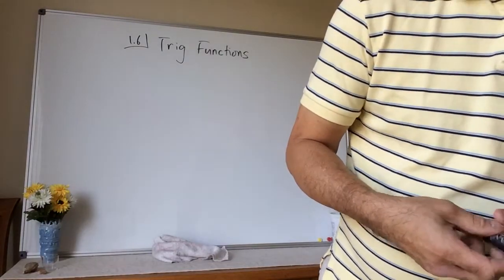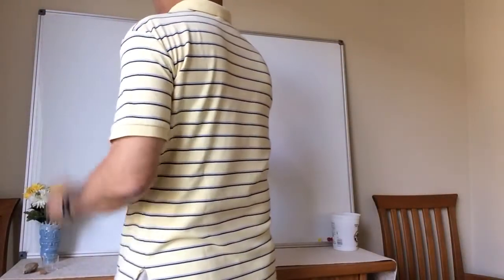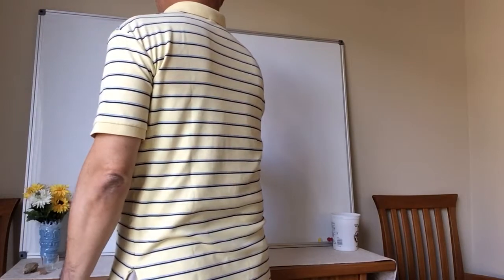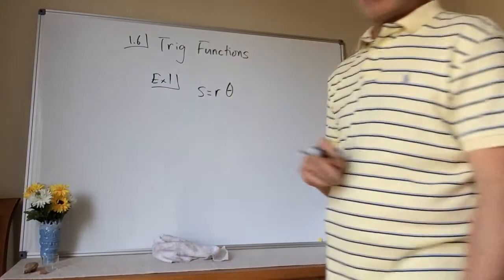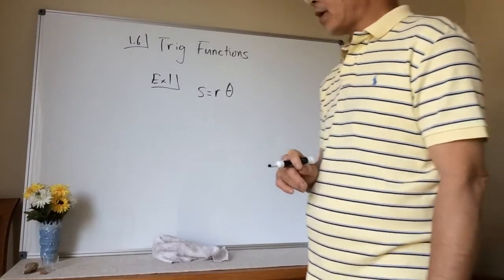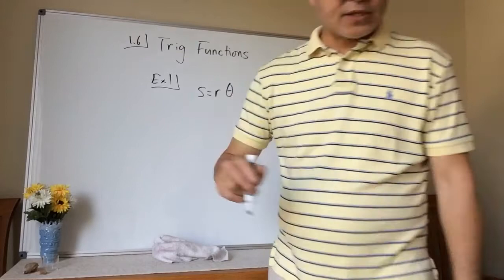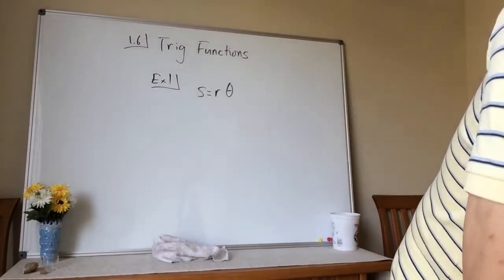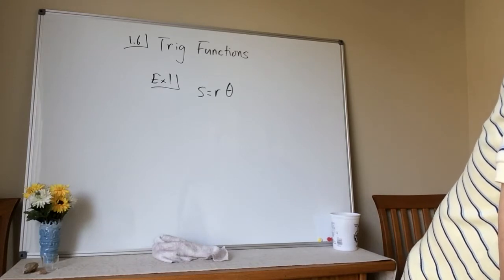1.6, radian measures. Example number 1, finding the arc length. Arc length, if you remember correctly, the arc length S is going to be the radius times the amount of radians, right?